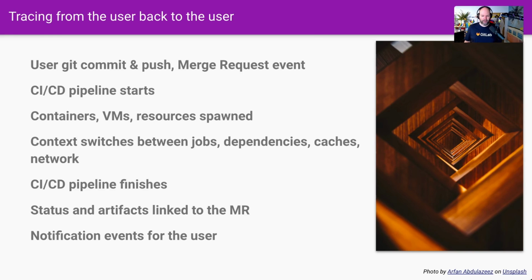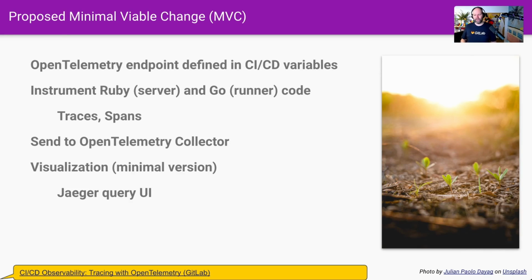And from there, I thought of, hey, how to approach all of this with OpenTelemetry in GitLab and CI/CD pipelines. One of the ideas was to keep it as simple and as minimal as possible with the OpenTelemetry receiver endpoint, so the collector defined in CI/CD variables, in environment variables, and we want to instrument the server parts, which are written in Ruby, and the runner parts written in Go, and start adding traces and spans to that.